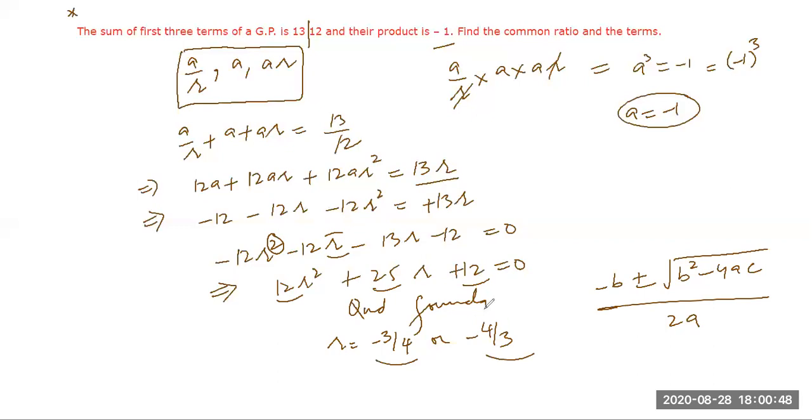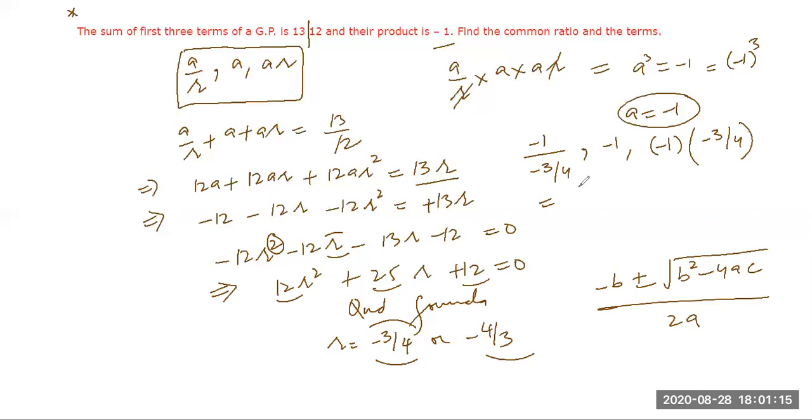So once you get this value, you use it. Then what will be the first three terms? A by R. A is basically minus 1, so it will be minus 1 divided by R, which is minus 3 by 4. And then A is minus 1, and then minus 1 multiplied by R, minus 3 by 4.